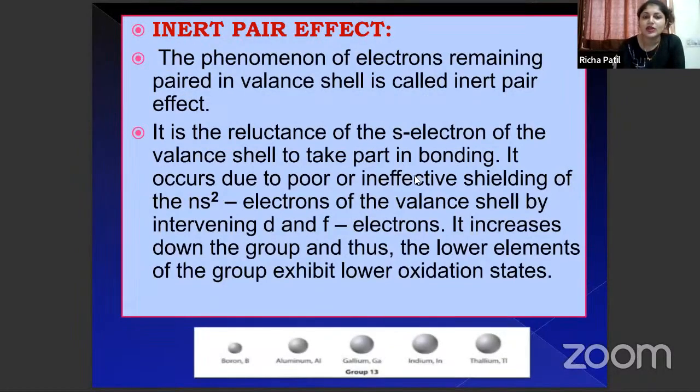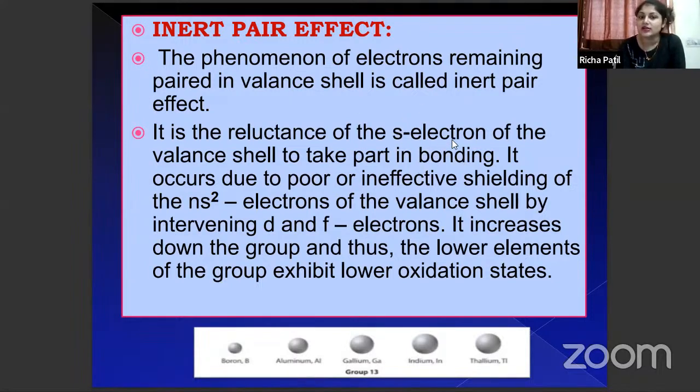There is something called the inert pair effect. Important. What is the inert pair effect? The phenomenon of electrons remaining paired in the valence shell is called the inert pair effect. It is due to the reluctance of the s electrons of the valence shell to take part in bonding.